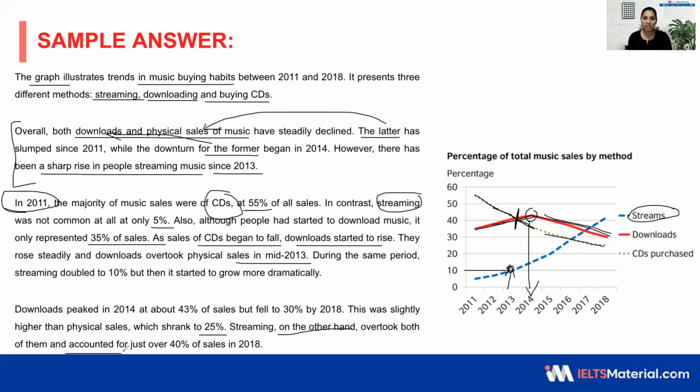In this manner, the overall statement is actually explained in detail in the following two paragraphs, where you will be using different numbers. You can also use proportions or fractions to describe the numbers, and this is called using a range of structures to show the grammatical range and accuracy.